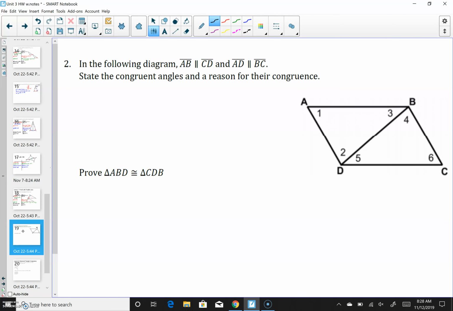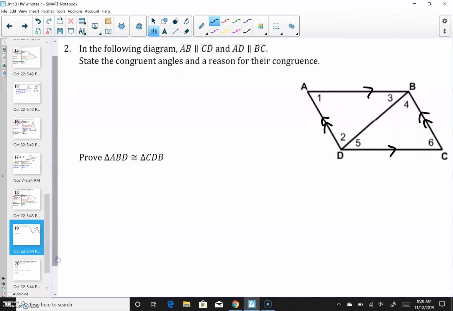In number 2, in the following diagram, AB is parallel to DC, and then they give us AD is parallel to BC. So they give us top and bottom are parallel, and then left and right are parallel. The first thing they ask is they just want us to state what angles are going to be congruent and the reason.